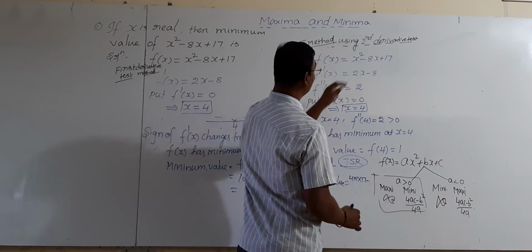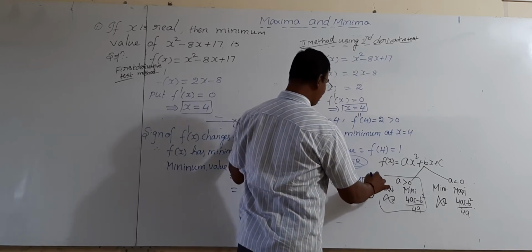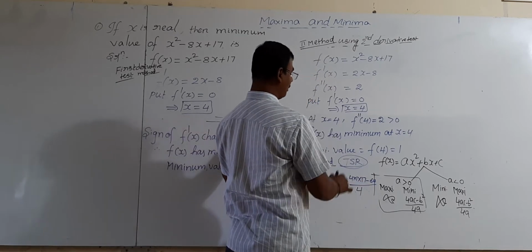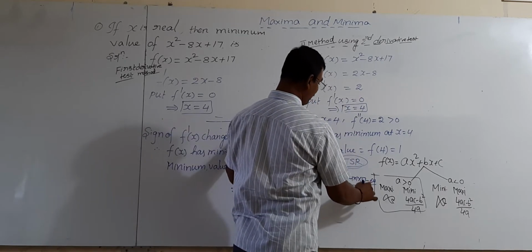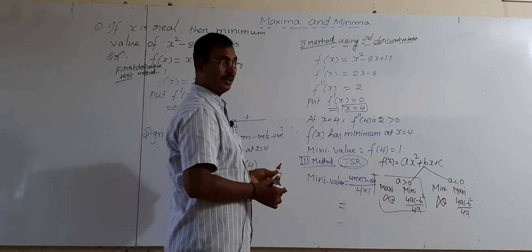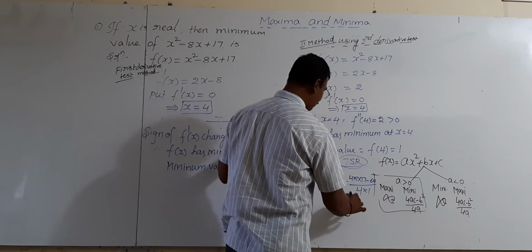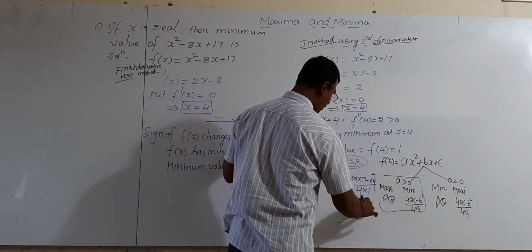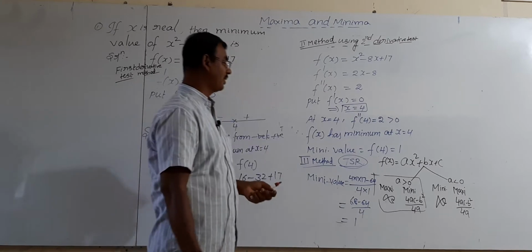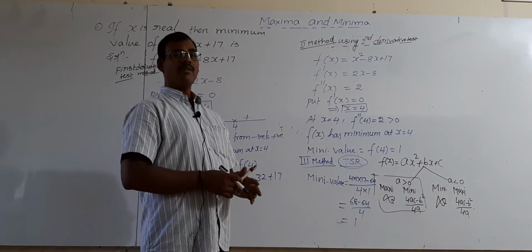What is the b value? Minus 8, that becomes whole square 64, divided by 4 into a, which is 1. This is equal to 68 minus 64 upon 4. 68 minus 64 is 4, 4 upon 4 is equal to 1. We get it within a short period.